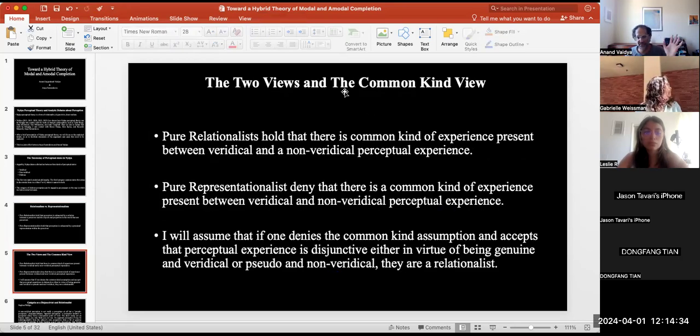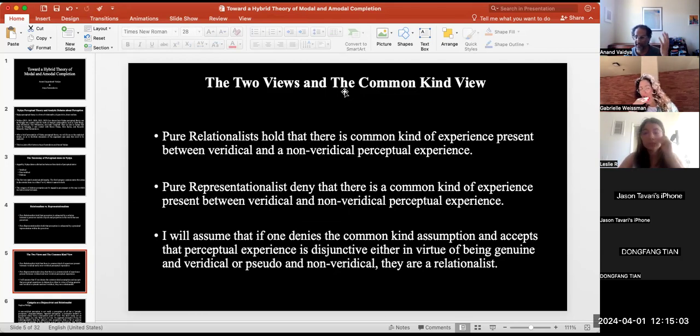So both of these views can be brought in contact with a very important thesis about the relationship between veridical and non-veridical experience. The common kind thesis is that in some sense, having a hallucination of a yellow lemon and seeing a yellow lemon have some common kind of experience between them.